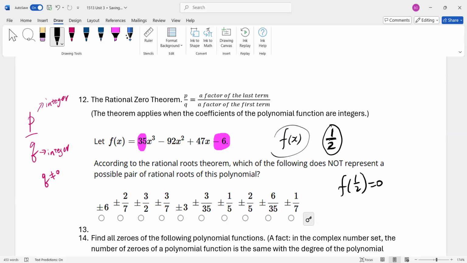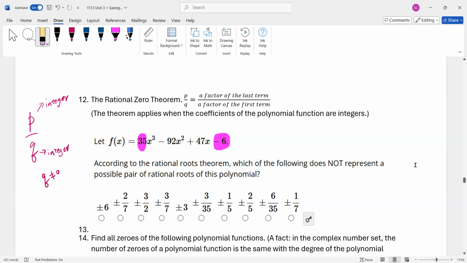Does that make sense? You can also understand zeros as the x coordinates of the x-intercepts of the polynomial function. All right, so of course here we can only find rational zeros. Irrational, this theorem doesn't help.